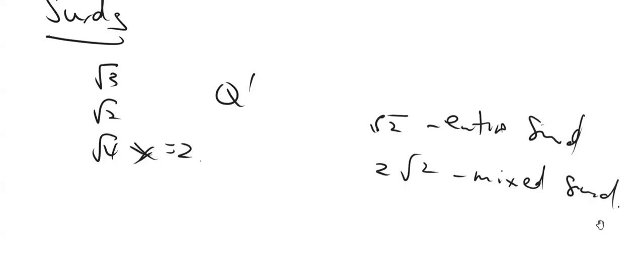You have these names, and different textbooks will give you all kinds of things. So let's explore surds a little. For example, let's try writing surds in their simplest form.